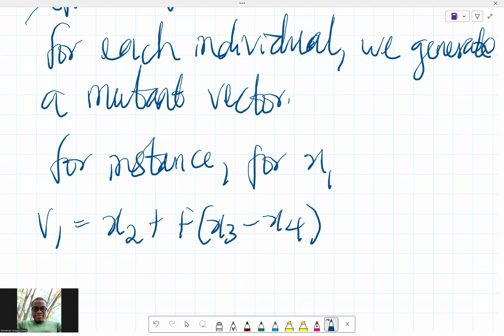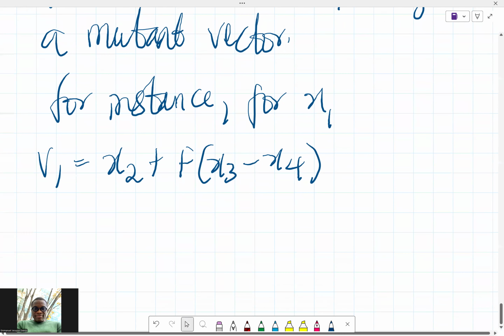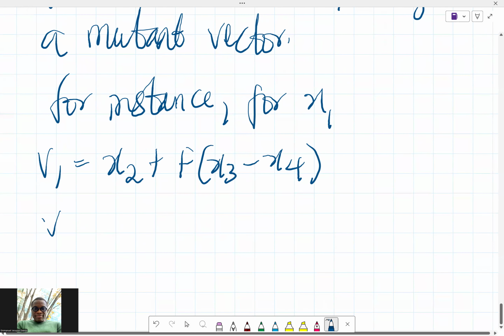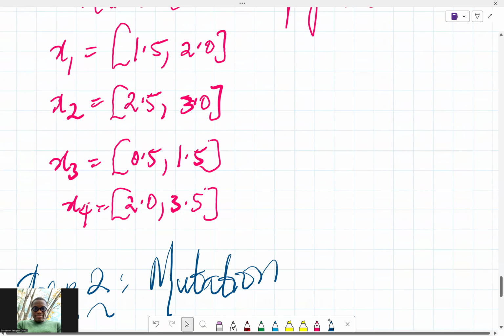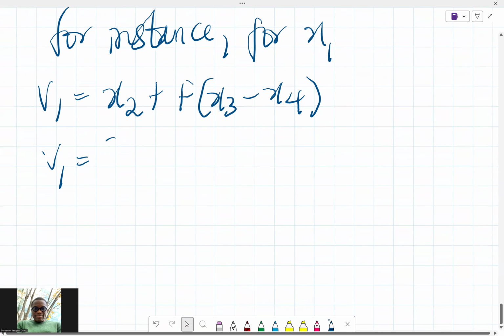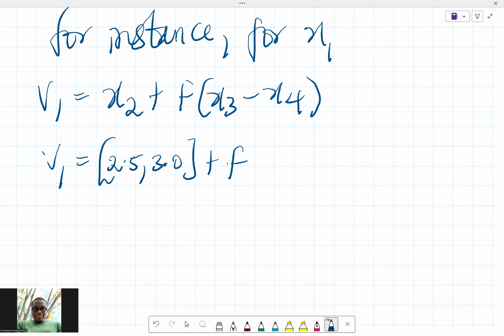That's the kind of idea we have here. So V1 is equal to x2. X2 is 2.5, 3.0, right? So we have 2.5, comma 3.0, plus F.